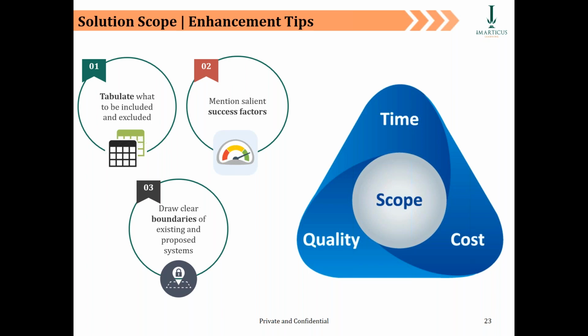What I'm trying to say is, guys, there has to be a clear demarcation between what exists in their landscape and what additionally needs to be built in it. Again, this is all related to the scope, so that there's no misunderstanding that you will be developing more than what you are asked for.